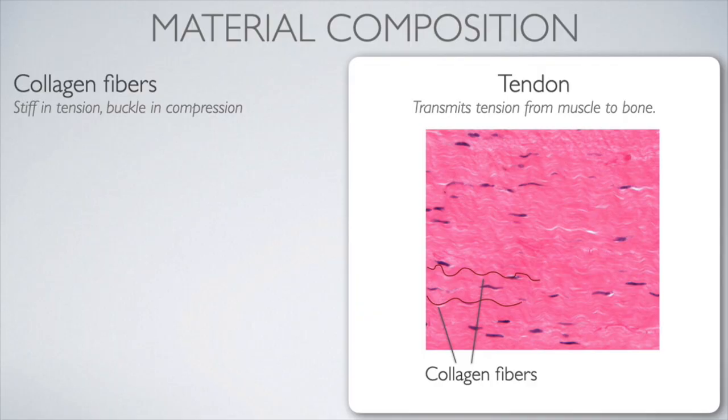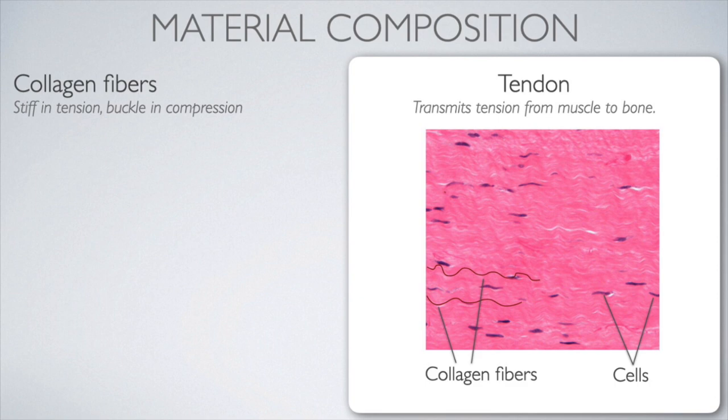And so they don't help a tendon much when you try to compress a sample of tendon. But what you do find with this material, tendon, is that despite the fact that most of what we're looking at here is extracellular, there are supporting cells that are located in this matrix of collagen fibers.